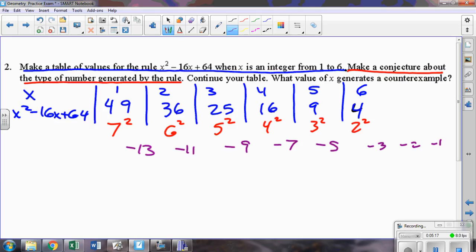Well, which one did you see first? Did you see the red or did you see the blue? More people in class said they were spotting the perfect squares, so we could make a conjecture based on this observation. Well, what's your guess?